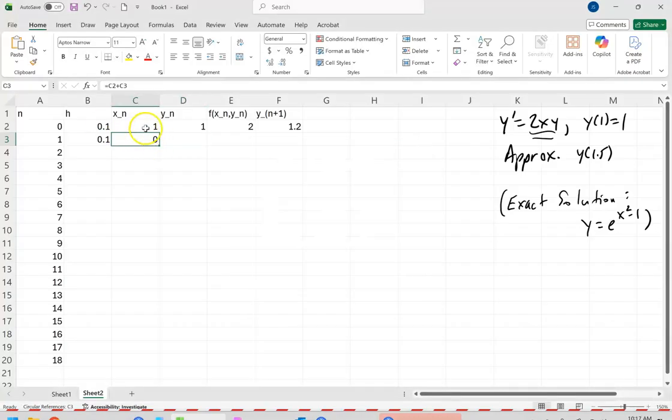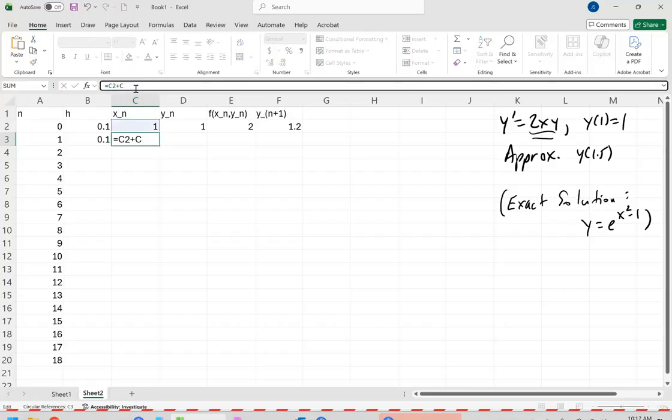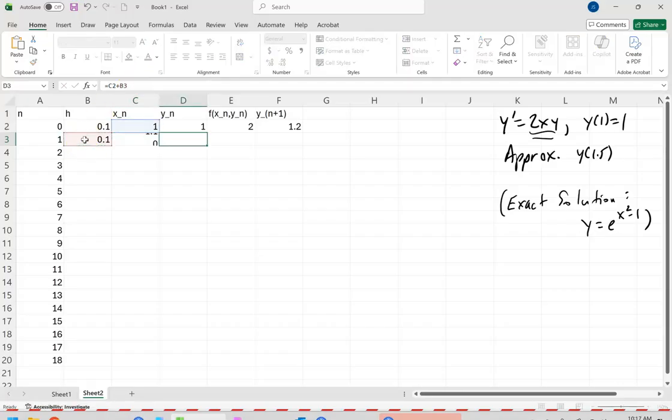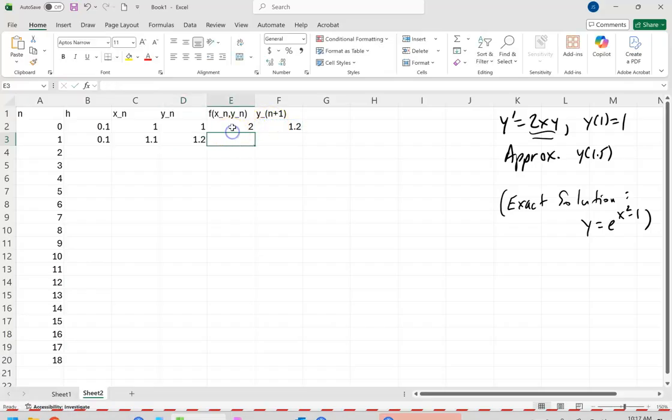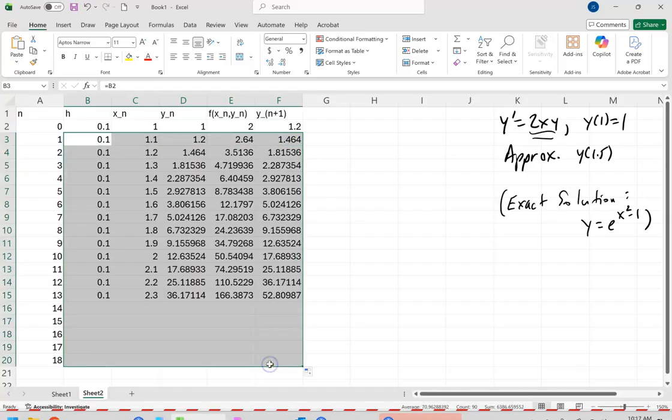Why did you put a circular reference in there? Probably because I hit the arrow key. What goes here? Yeah, the F2, right? We're going to copy down the new y. Okay. And now we just copy everything. Copy that down a row, highlight the entire row, and I'm just going to pull it all the way to the bottom.